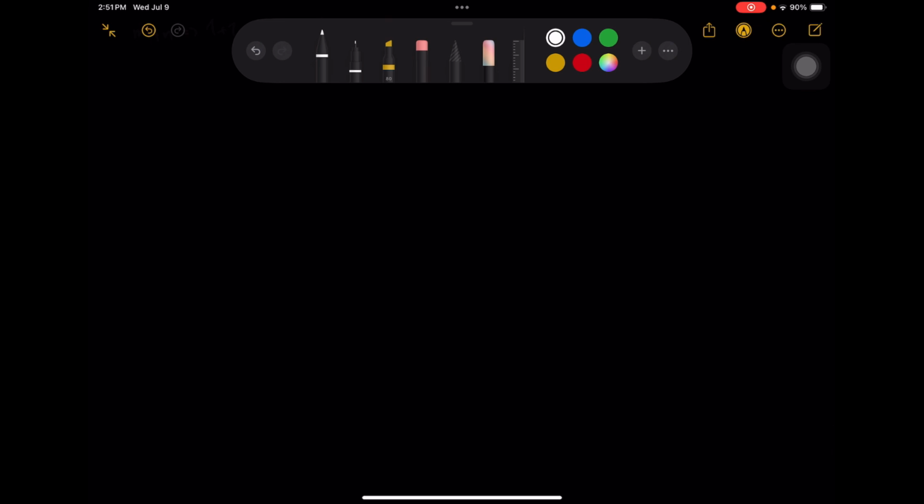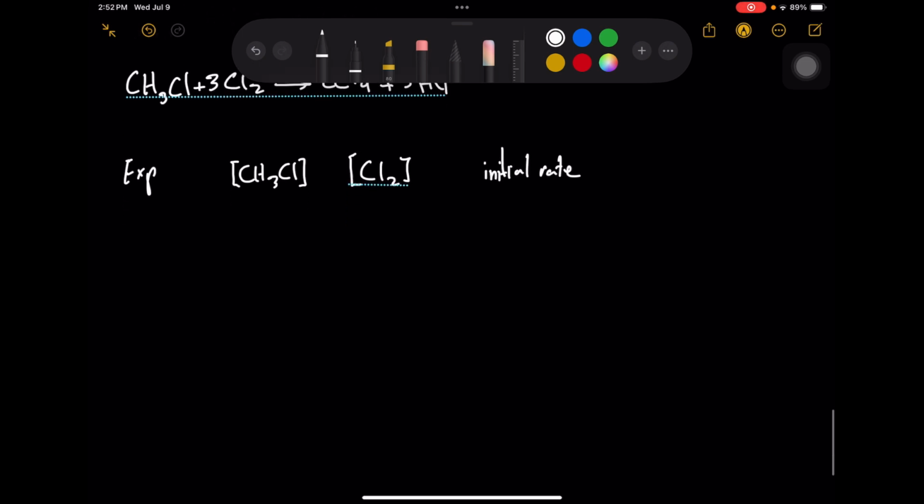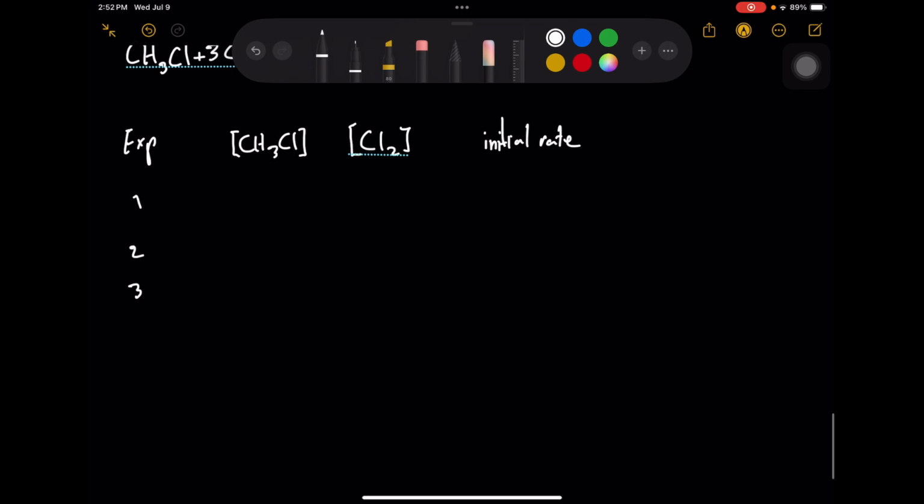The reaction is CH3Cl, chloride, plus Cl2 giving CCl4 plus 3 HCl, and the following data is for it: experiment, CH3Cl concentration, Cl2 concentration, and initial rate, for experiments 1, 2, and 3.